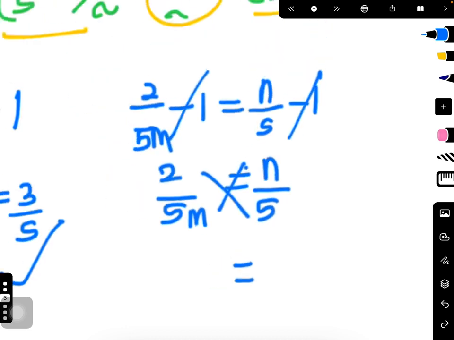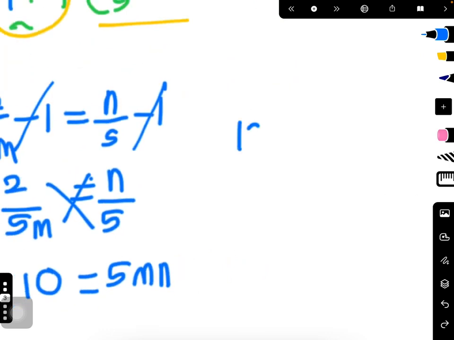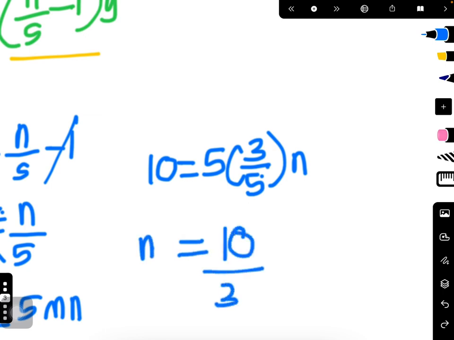Okay, 10 equal to 5 m n, so we can just substitute. We get 10 equal to 5 times n, and lastly we will get n equal to 10 over 3.